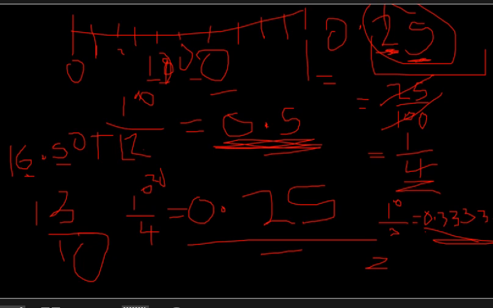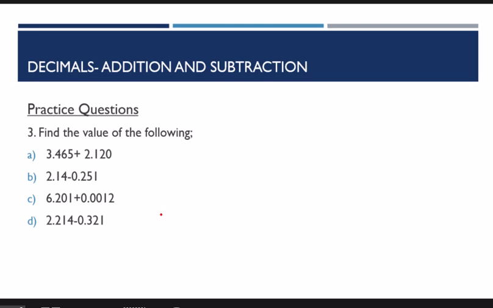So you have 3.465 plus 2.120. Now, how do you add these in decimals?